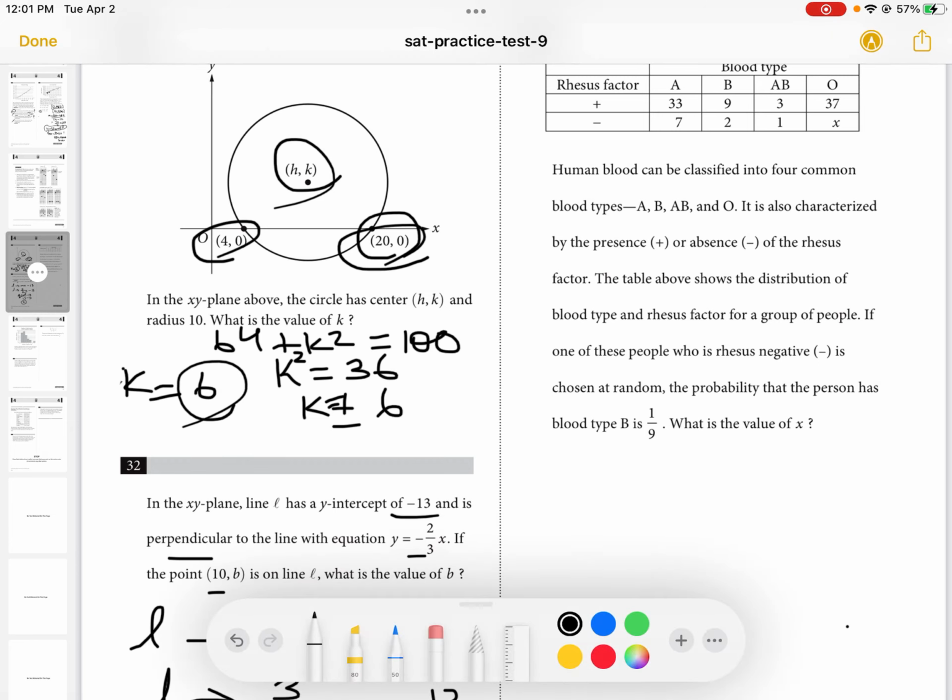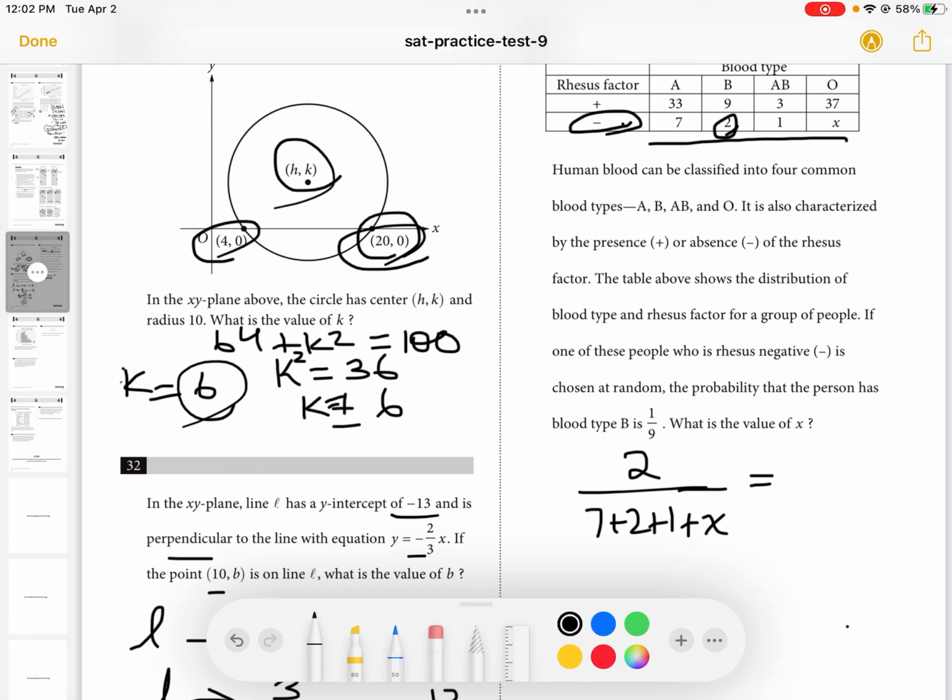So we're picking from the rhesus negative people. So our total population in this case is the people who are rhesus negative. The people who are rhesus negative is 7 plus 2 plus 1 plus X amount of people. And the number of people who have blood type B who are rhesus negative is 2.